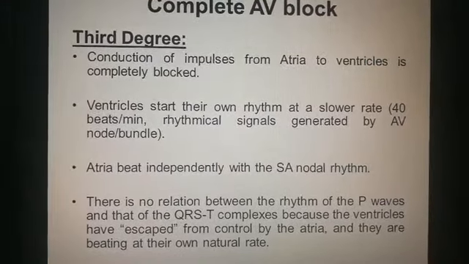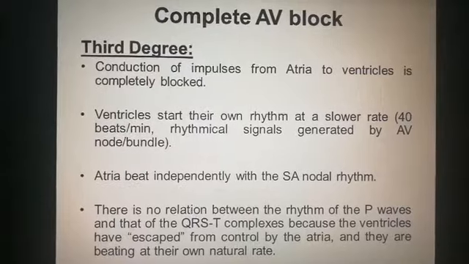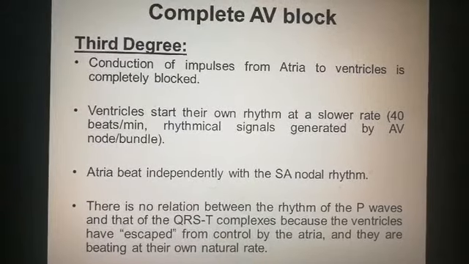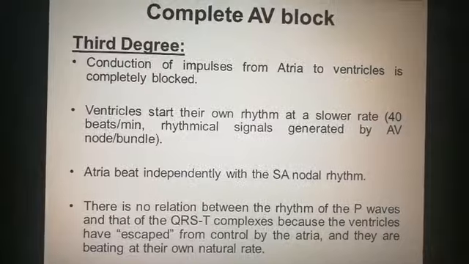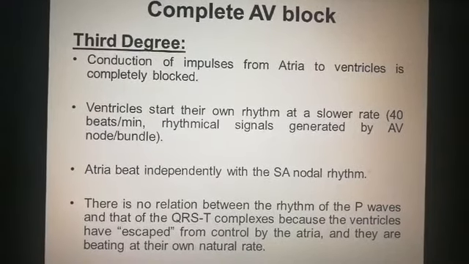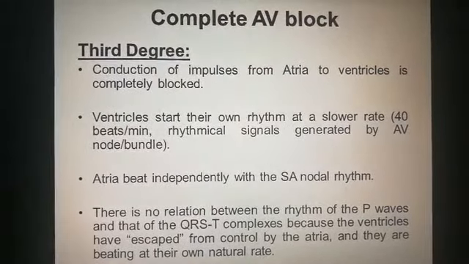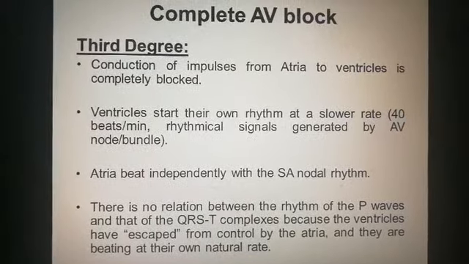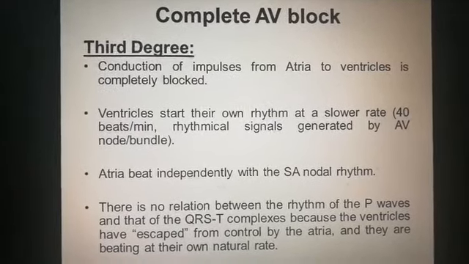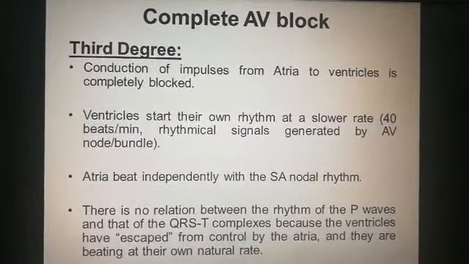The P wave indicates atrial depolarization, and the QRS T complex indicates ventricular depolarization and repolarization, so there is no relationship between them. The ventricles are beating at their own natural rate because the conduction pathway between the atria and the ventricle is blocked, and this is a complete block.